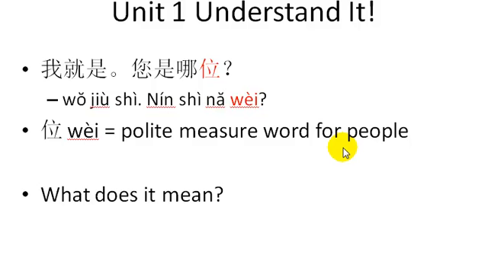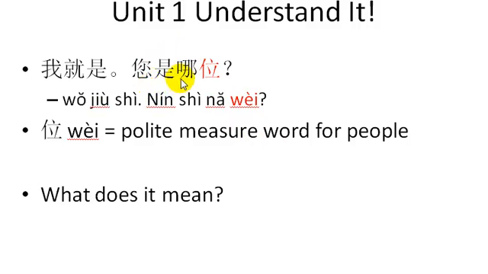In that kind of sentence, you would say 位 for person. Okay? In Chinese, person is 人, and they might say who is that person, but they like to use 位 instead of 人. It's a polite way of saying it. Just like in this sentence here.